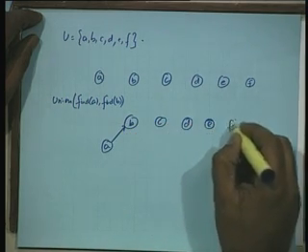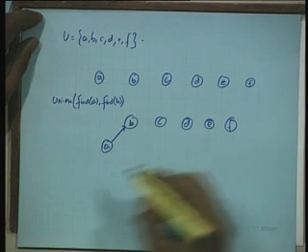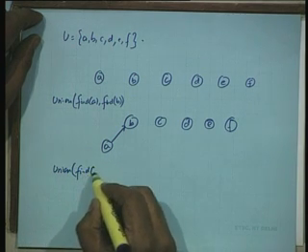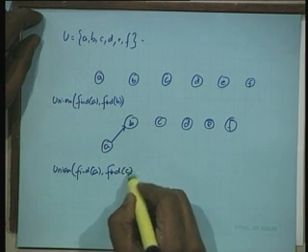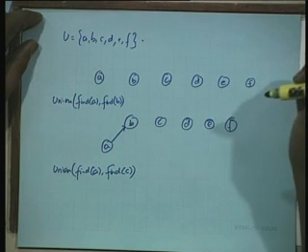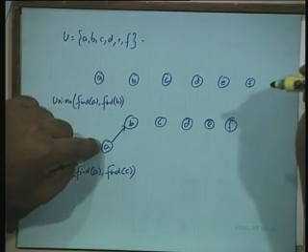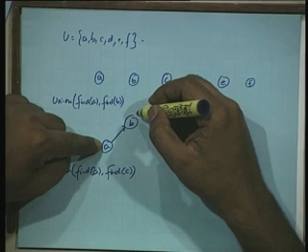These others of course remain as they are. Now suppose you were to say the same thing, union of find A comma find C. When I say find A, I will start from A and keep going up till I hit the root.